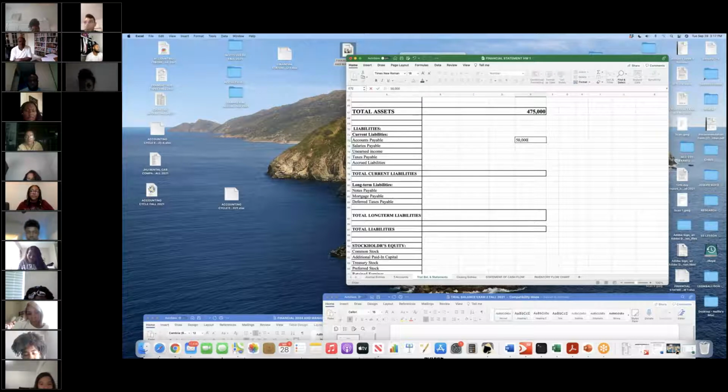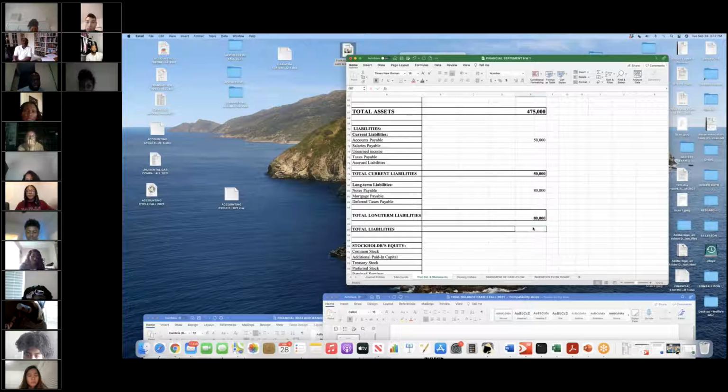So that's all about current liabilities. And our long-term liability, notes payable, is what? 80,000. And so our total long-term liabilities are what? 80,000. And our total liabilities are what? 130,000.